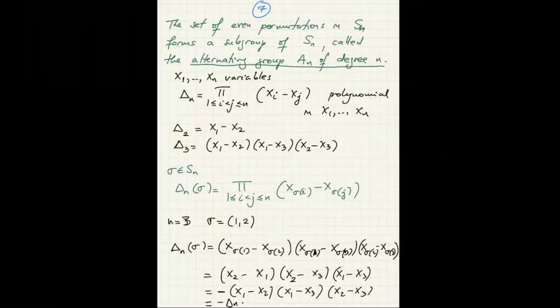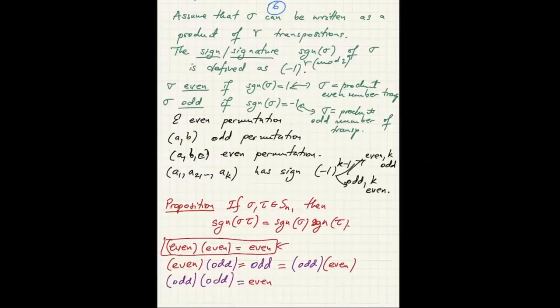So the set of all even permutations in Sn, with the binary operation of function composition, is going to form a group, and it's actually a subgroup of the symmetric group. This subgroup is called the alternating group An of degree n.